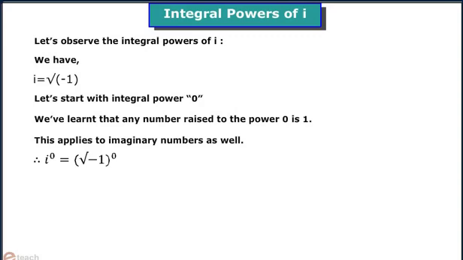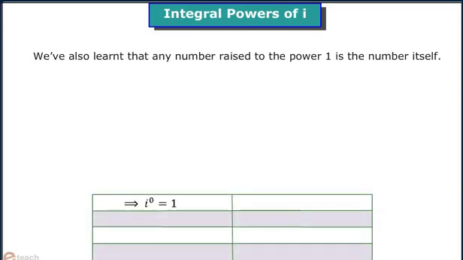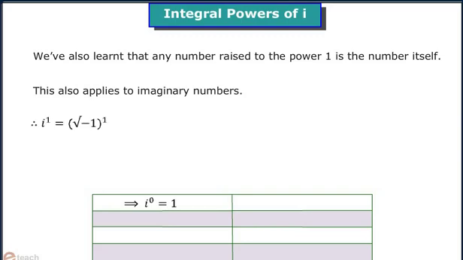Therefore, iota raised to the power 0 equals under root of minus 1 raised to the power 0, which implies iota raised to the power 0 equals 1. We have also learned that any number raised to the power 1 is the number itself. This also applies to imaginary numbers. Therefore, iota raised to the power 1, which means under root of minus 1 raised to the power 1, is equal to iota.